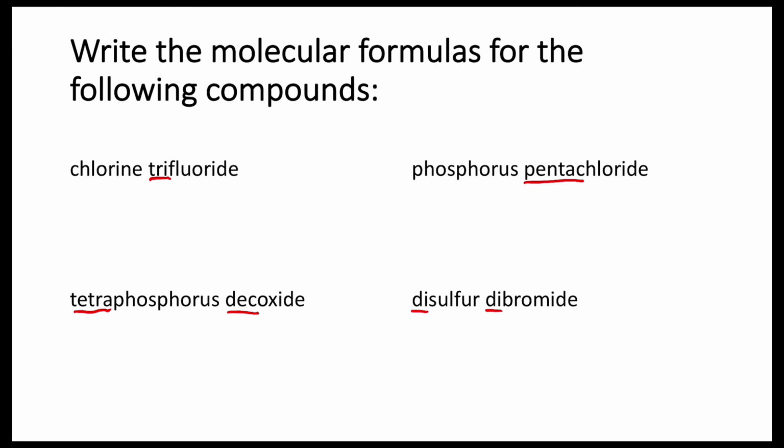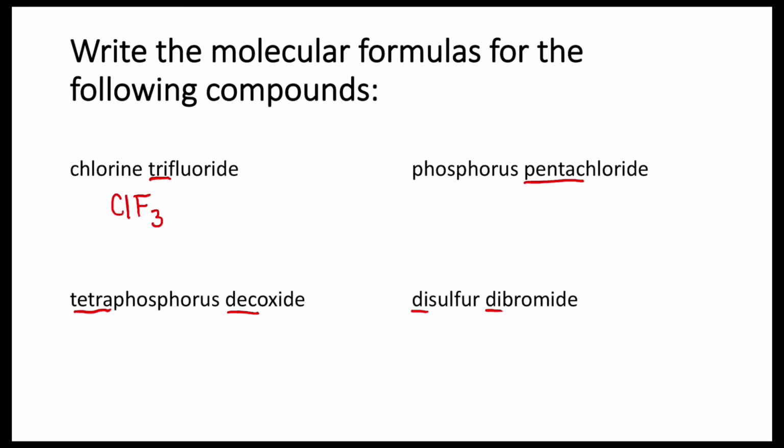Okay, so chlorine trifluoride. So looking on our periodic table, if you don't remember the element symbol, chlorine is Cl, and then fluoride is fluorine, so F, and then we have 3 of them as indicated by the subscript.